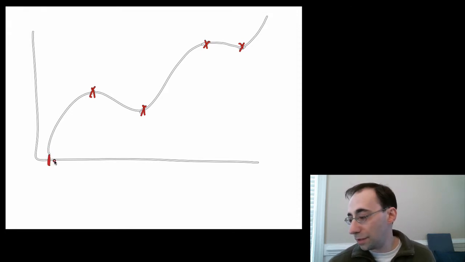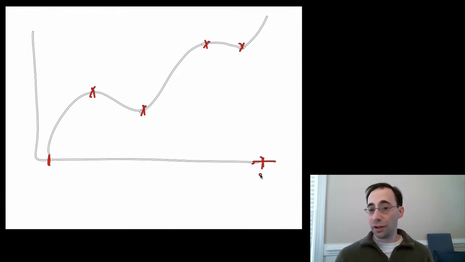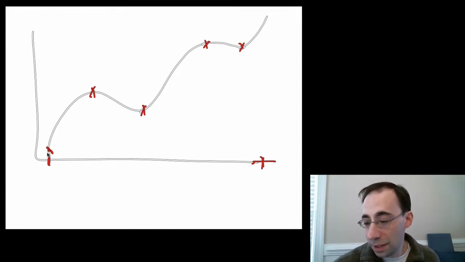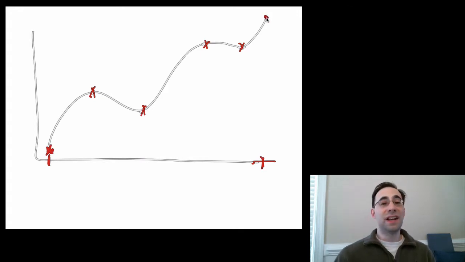If the domain of the function goes from here to here, it's pretty clear that the global minimum is going to be down here, and the global maximum is way up here. So in fact, none of the 4 local minima or maxima are actually the global minimum or the global maximum. There is only one global minimum and only one global maximum in this case.